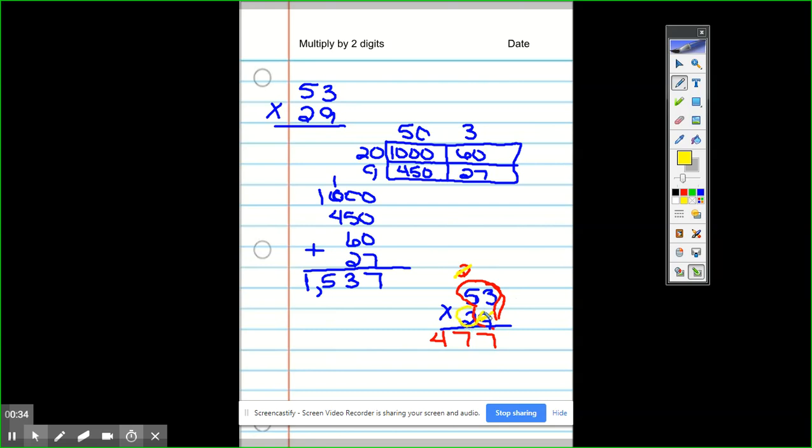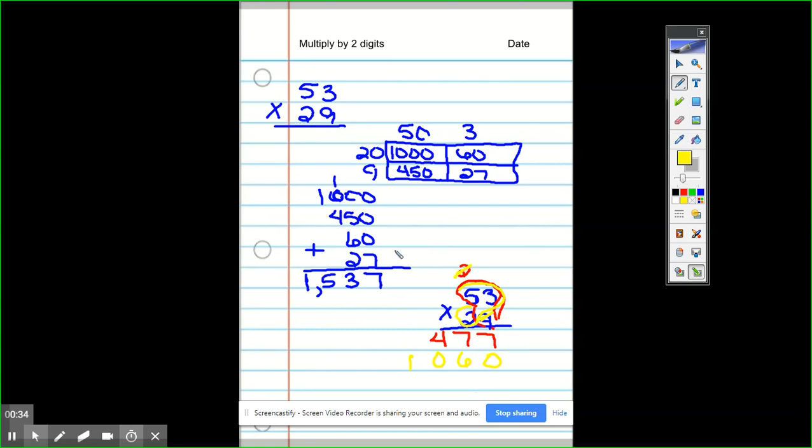So now I'm going to multiply this 20 by everything on the top row. And since I'm multiplying by 20, I have to go down to the second line, and I have to put the 0 placeholder in there. So that knocks it over to the tens place. Then I can take the 2 and multiply it by everything on the top row. 2 times 3, 6. 2 times 5, 10.